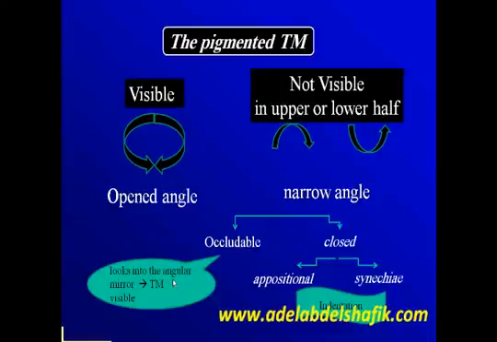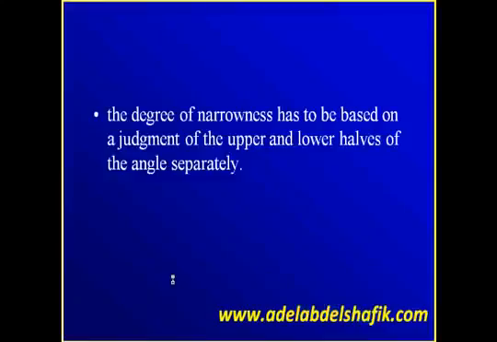So it's occludable. To differentiate between apposition and synechiae, in both you don't see the angle whenever the patient moves his eye, so you need to do the indentation to differentiate between these two situations. So keep in mind, you need to examine the upper and the lower halves.